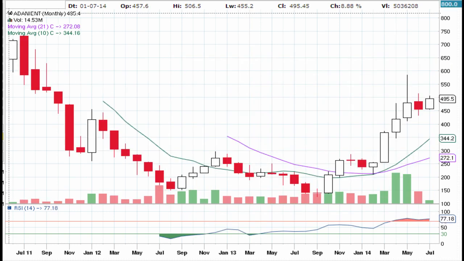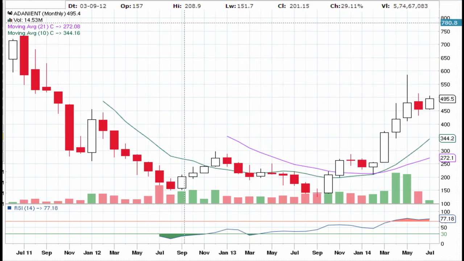Another example, and this time we are taking a look at that's the name of the stock there, and remember these are monthly charts. So let's take a look at where the stock broke out to 3-year highs on the RSI, which is here, which is this entry point here, and that's a price entry under 200, between 150 and 200.